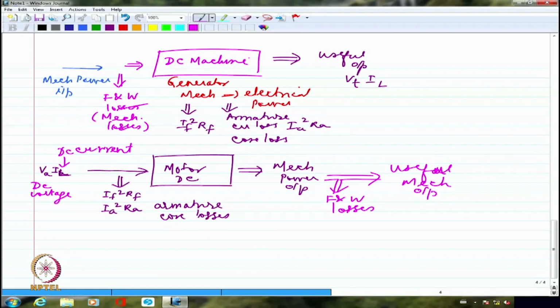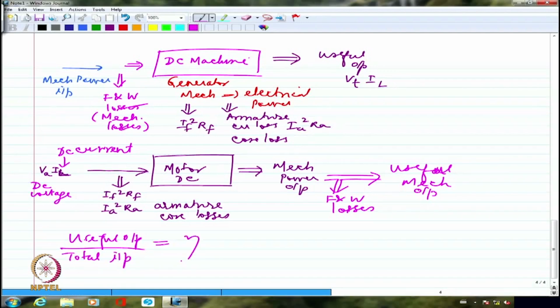So this is going to be the basic power flow diagram as far as the DC motor and the DC generator are both concerned. So when we calculate the efficiency, finally we will say useful output, whether it is mechanical or electrical is a matter of detail depending upon whether I am talking about the generator or motor, divided by total input.